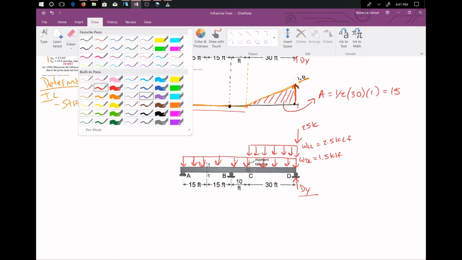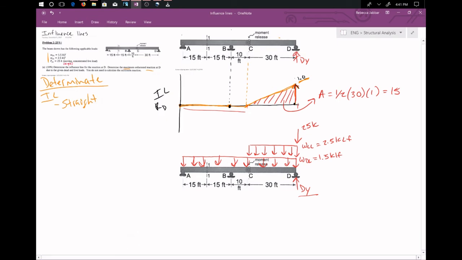So let's get to our purple. To find the reaction at D, we need to add all this up.